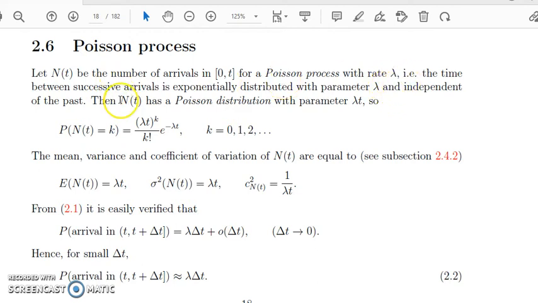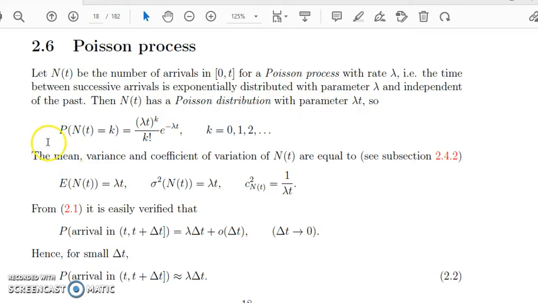The time between successive arrivals is exponentially distributed with parameter lambda, independently of the past. Then N(t) has a Poisson distribution with parameter lambda t at time t.